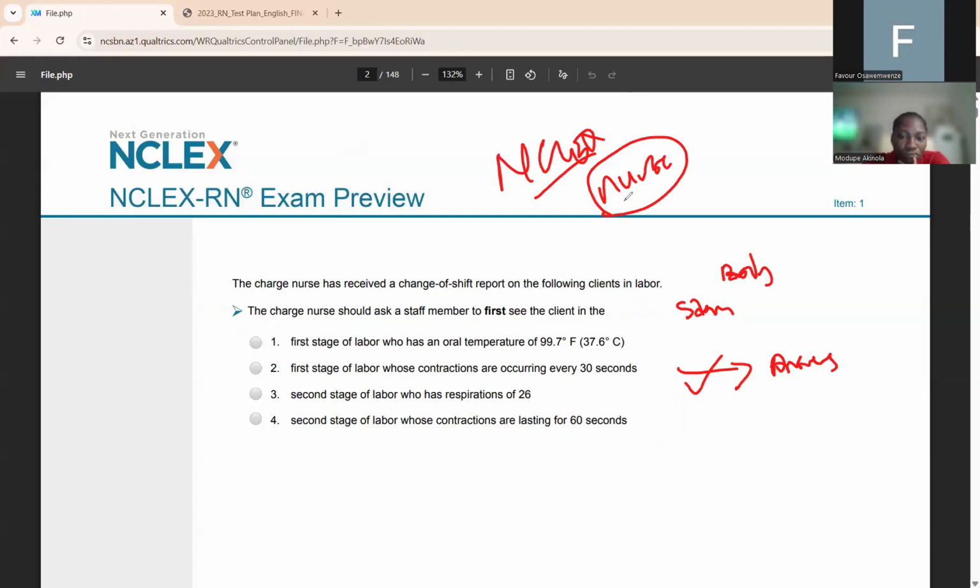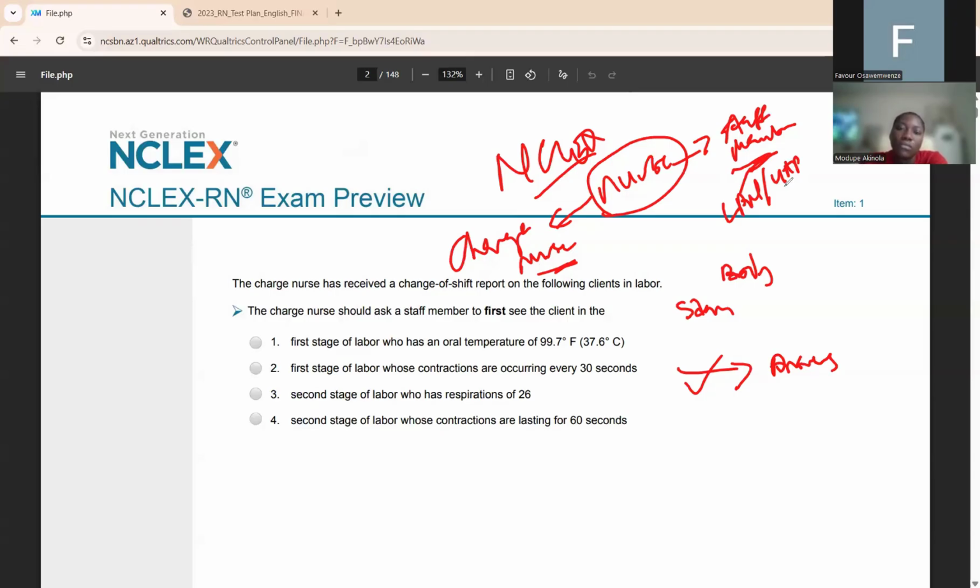But as the nurse, you are working with your charge nurse and you are working with other staff members. The staff member can either be LPN or UAP. Do you understand what I'm saying? Yes. Okay, great. Your staff member can be LPN or UAP.